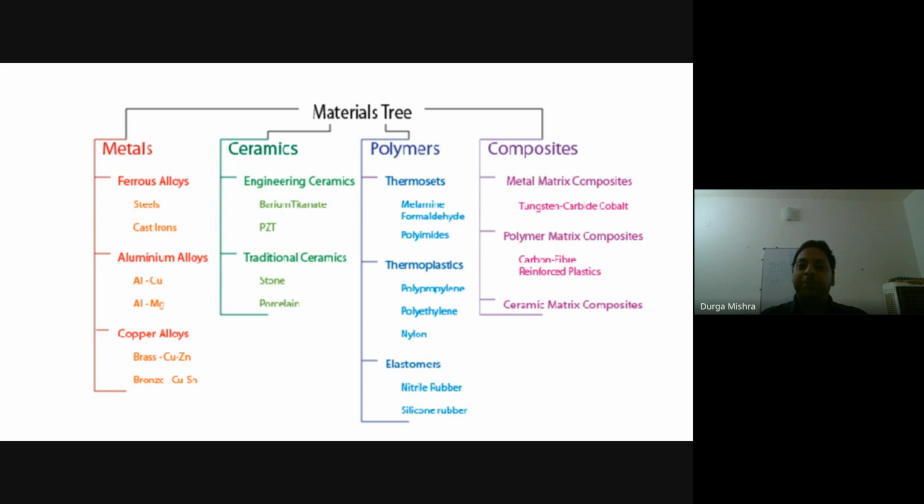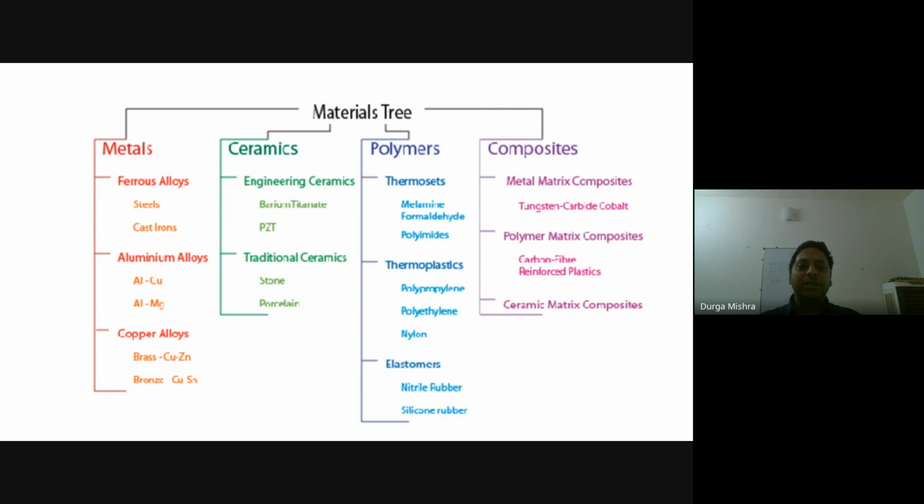And then what people have done is mixing. So these are three distinct classes, metal, ceramic, polymer. But people tried mixing metal and ceramic, or ceramic plus polymer, or metal plus polymer. And why do they want to do that?